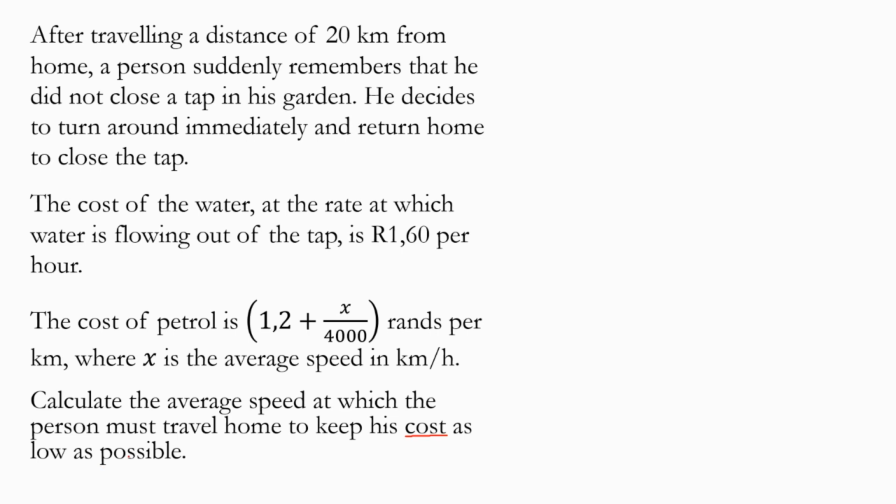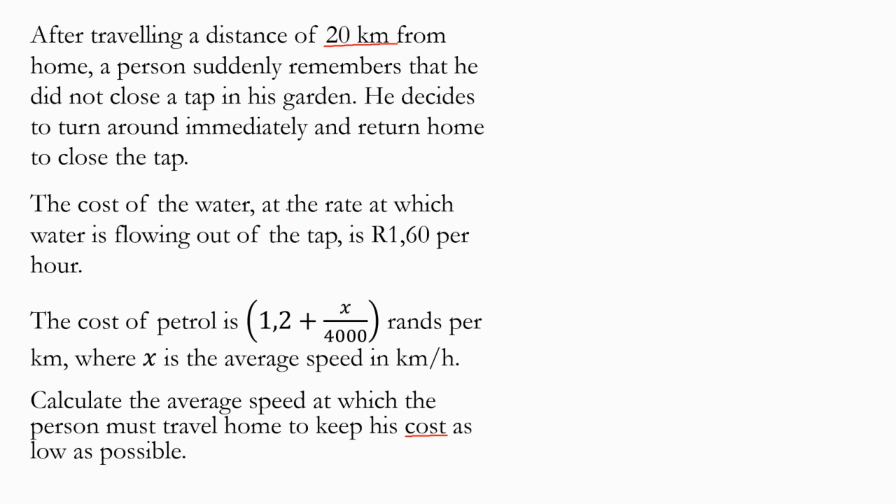Right, let's go back to our information. After traveling a distance of 20 kilometers, so these 20 kilometers will affect the cost of petrol, isn't it? Because these are the rands per kilometer. Then a person suddenly remembers that he did not close a tap in his garden. He decides to turn around immediately and return home to close the tap.